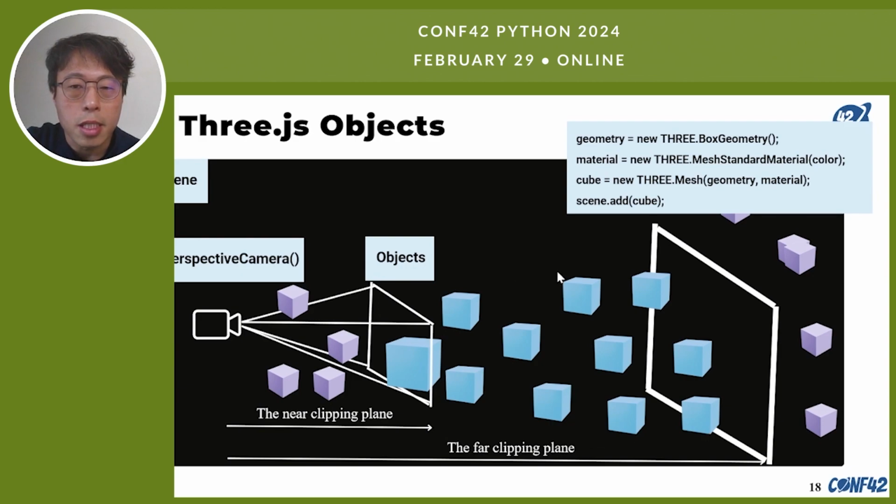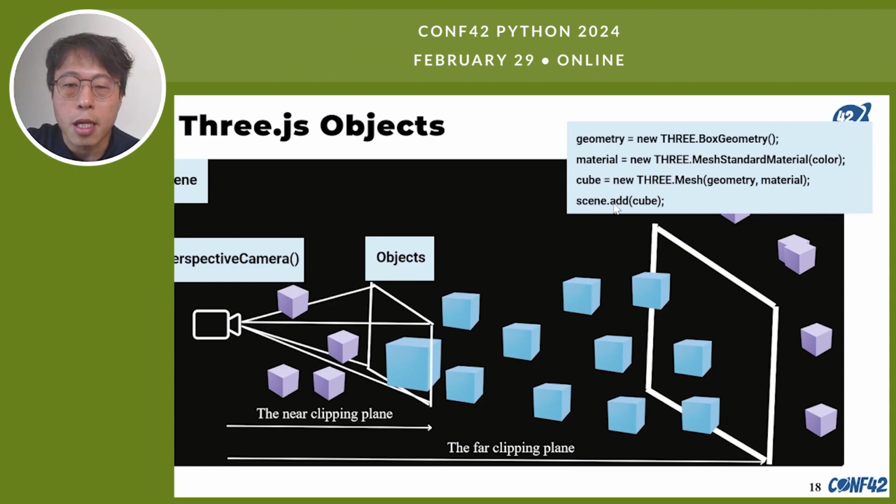Here we see there are many blue cubes. Only those blue cubes we can see on our display. Others, like the purple cubes outside the two clip planes, we cannot see on our screen.